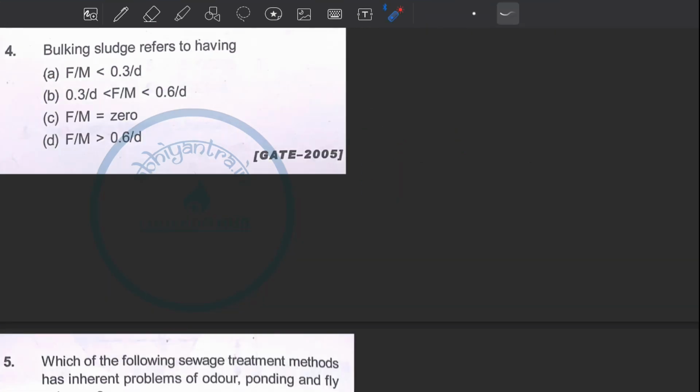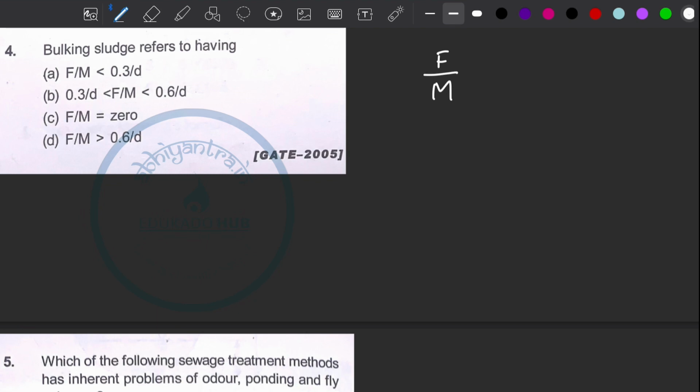Next is question number 4, which says bulking sludge refers to a low food to microorganisms ratio. So there will be more microorganisms and less food, so they will not make organic compounds because of the food scarcity.